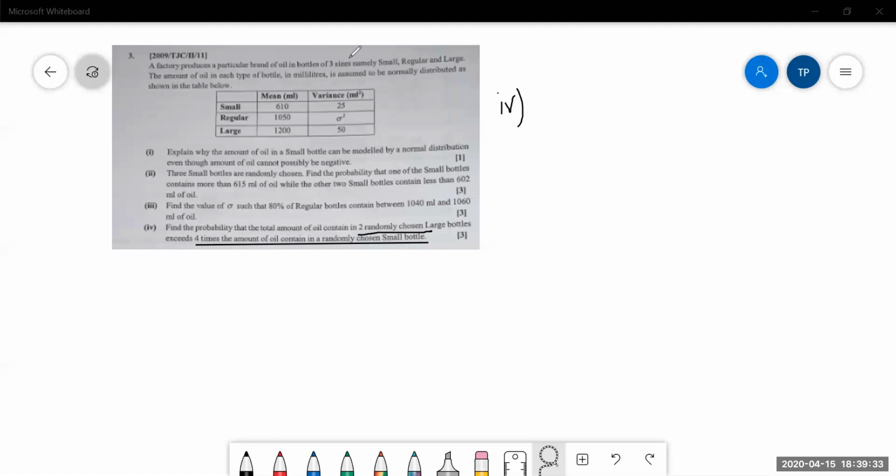I didn't know the L was large, my bad. So over here, we have to find the probability that L1 plus L2 exceeds 4 times S. We need to define a new distribution, which is L1 plus L2 minus 4S.